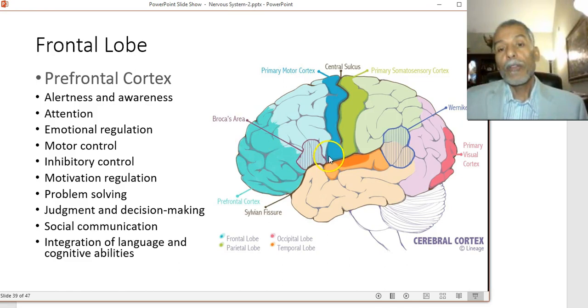It regulates motivation and it regulates problem solving. Social communication, because social communication is quite complex. It needs attention, and working memory, and self-regulation, and you name it. So that is critical for social regulation. Integration of language and emotions and cognitive functions, all in this area.